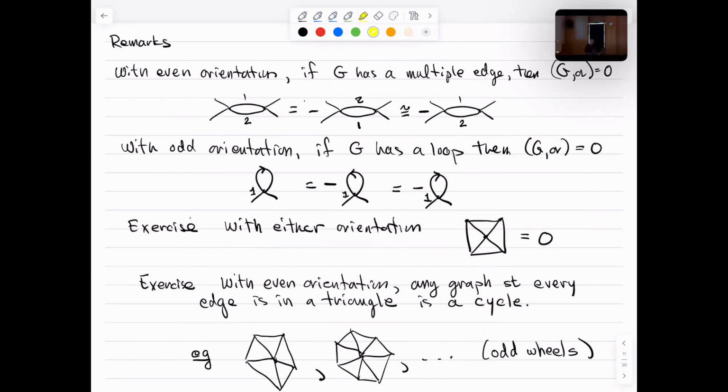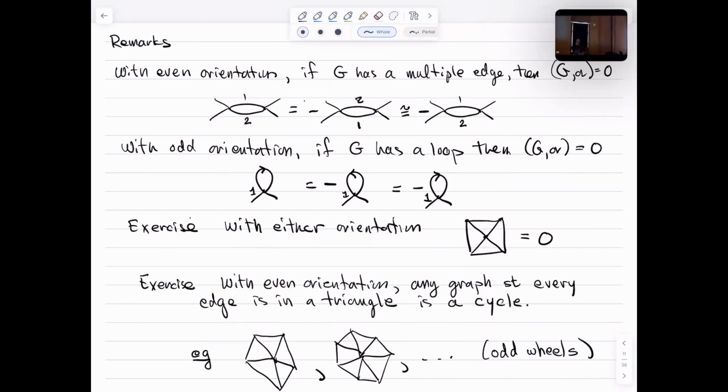Okay. Now, a couple of remarks about this construction. If you have an even orientation, if a graph has a multiple edge, then it's 0 in the chain complex. Why is that?